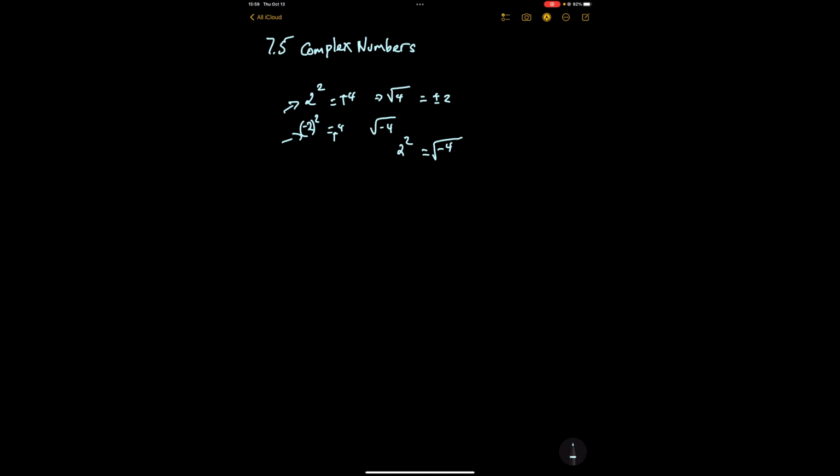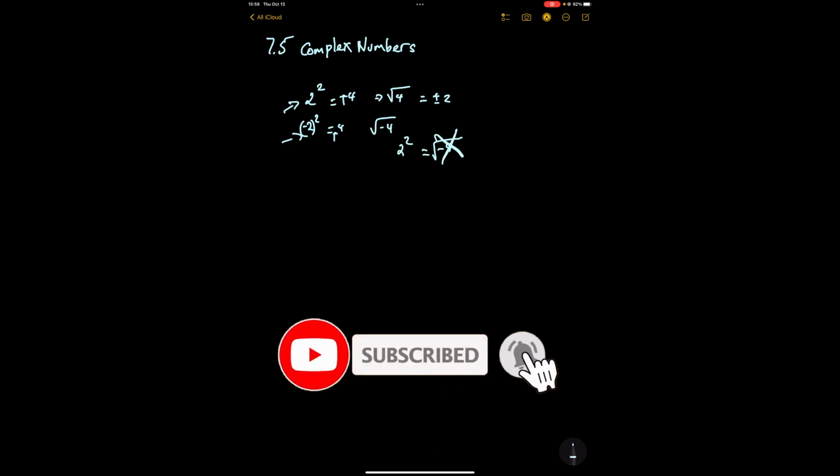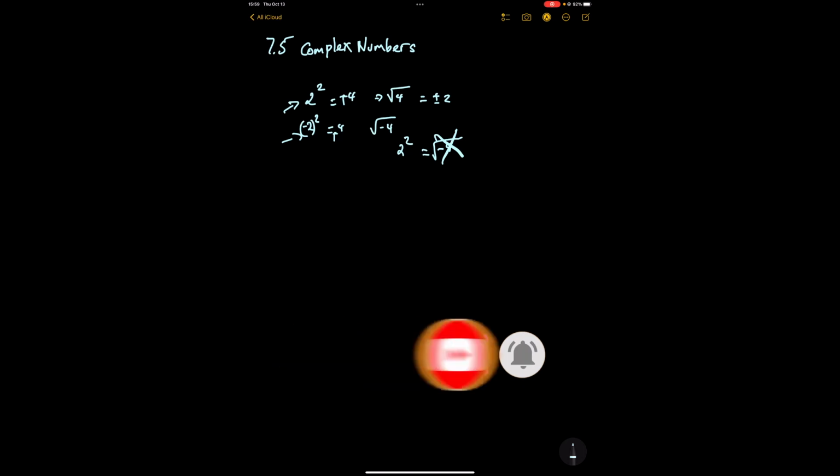That's why you cannot take the square root of a negative number, because when you square a number, it always comes out positive. So if you take the square root of a negative number, it is imaginary, because it is not a real number.